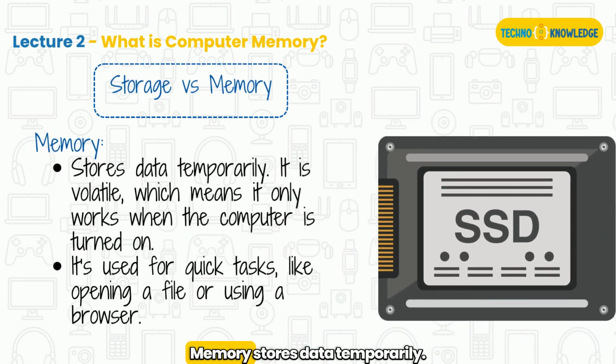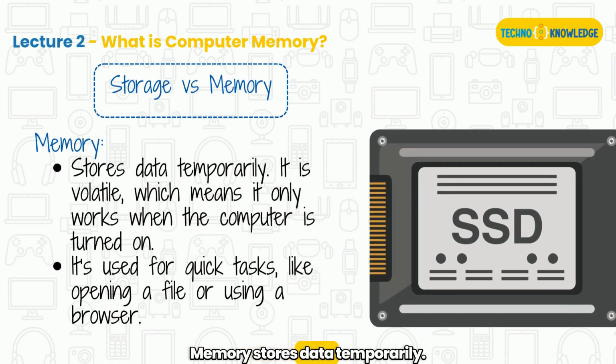Memory stores data temporarily. It is volatile, which means it only works when the computer is turned on. It's used for quick tasks like opening a file or using a browser.